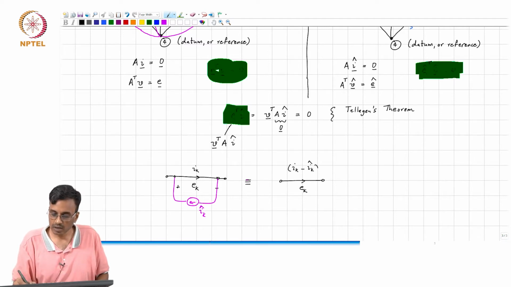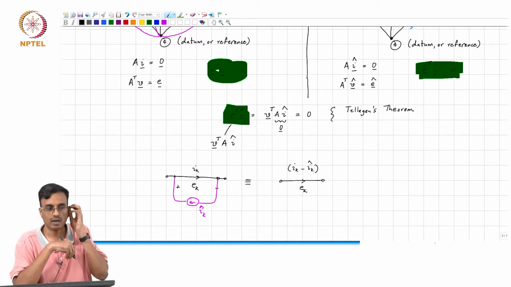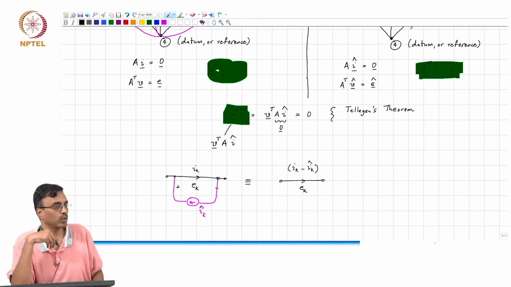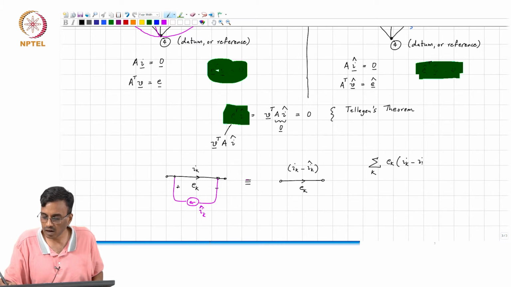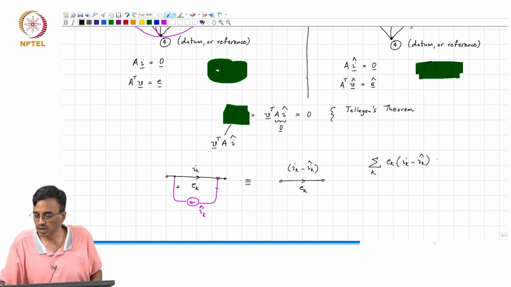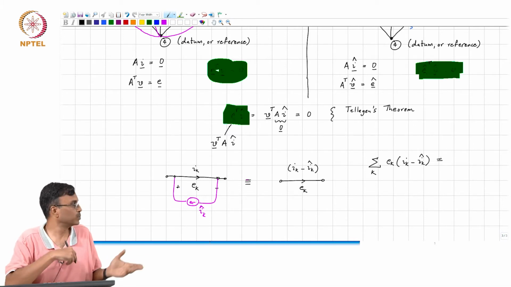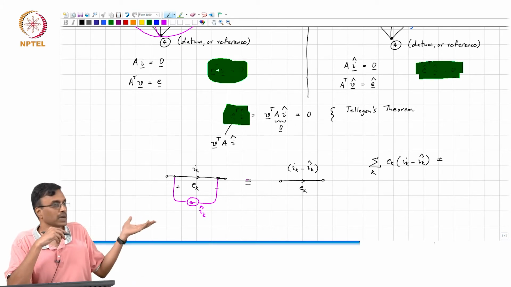So, what comment can we make about the instantaneous power in the entire network? It is simply the sum over k of Ek times Ik minus Ik hat. And what must this be?